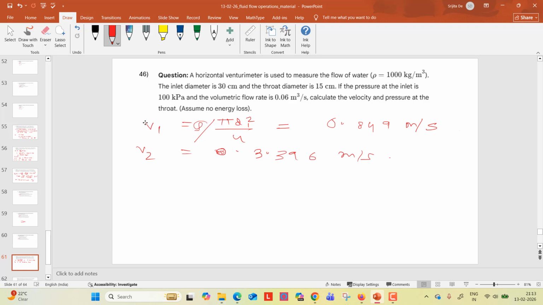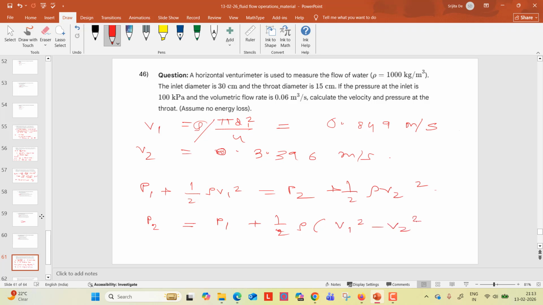So, from the Bernoulli equation for the horizontal case, P1 plus half rho V1 square equals P2 plus half rho V2 square. So P2 will be P1 plus half rho (V1 square minus V2 square).